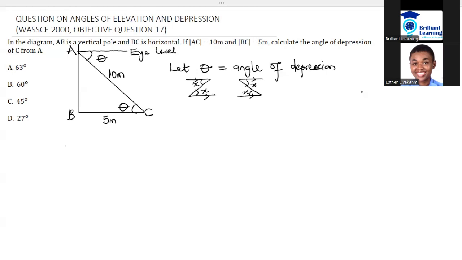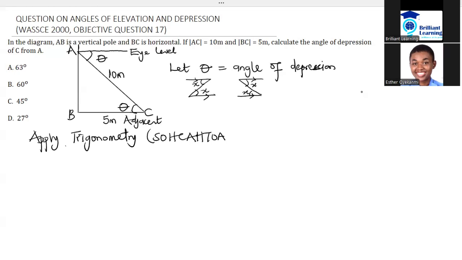So for us to calculate this angle, we are going to apply trigonometry. Trigonometry is that part of mathematics that helps us to understand angles in a triangle, and we also call it SOHCAHTOA. Now looking at this angle, line BC is the adjacent, because it's the one beside it. Line AC is the longest side, and so that will be the hypotenuse.